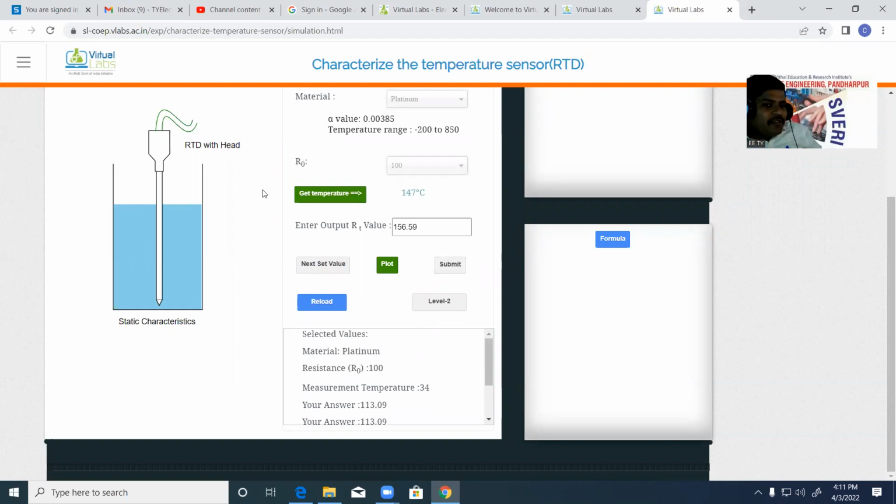Again repeat the same procedure. Get temperature. So the temperature we are getting is 127 degrees Celsius. Minus है क्या? हाँ, minus 127 degrees Celsius.